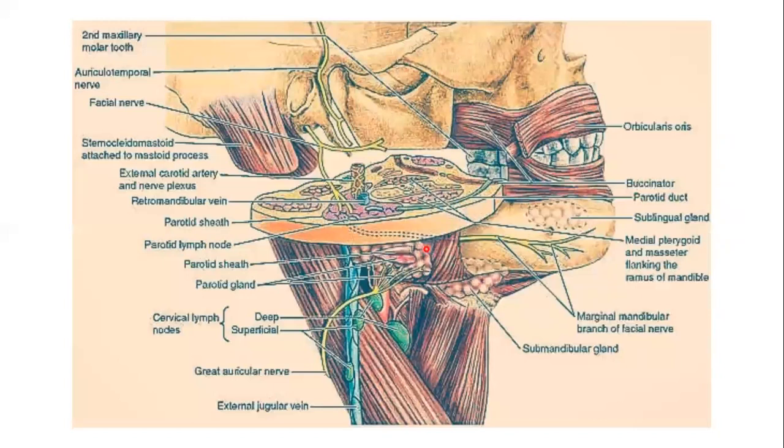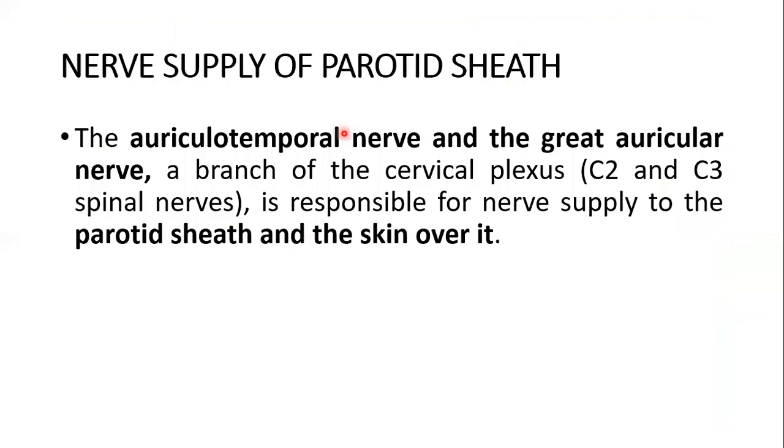You identify this, this is the auriculotemporal nerve, very important. And this is also a nerve which carries the secretomotor or parasympathetic nerves to this gland. This is a branch of the mandibular division of the trigeminal nerve. You could see this is the location of the auriculotemporal nerve.